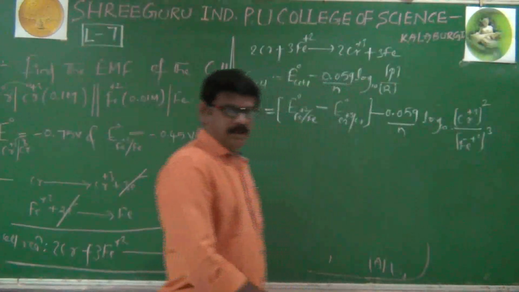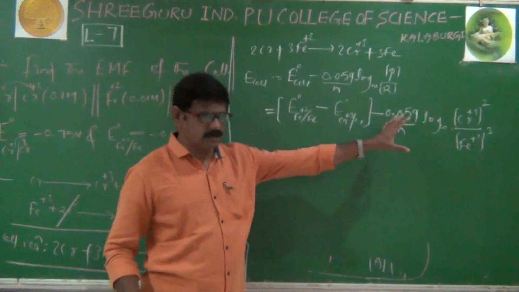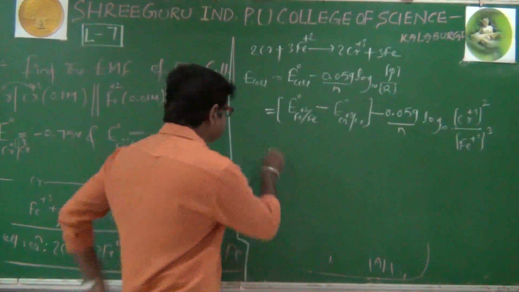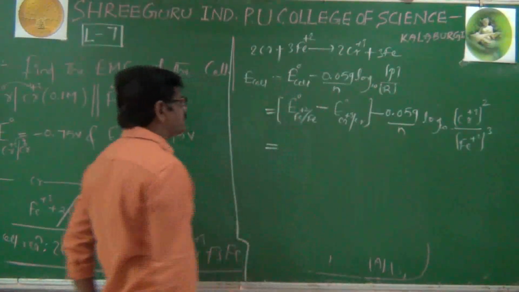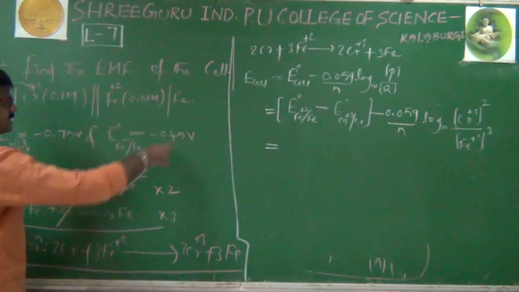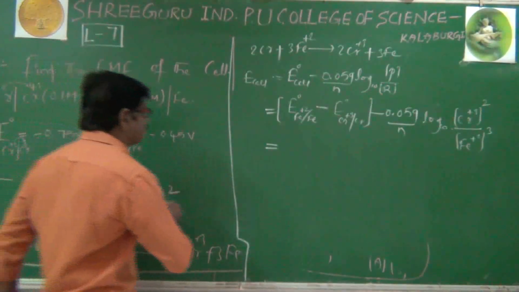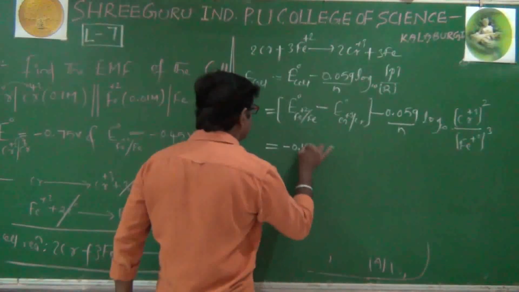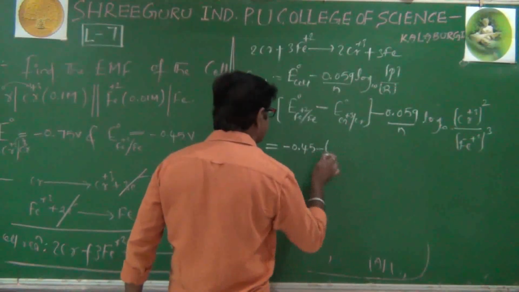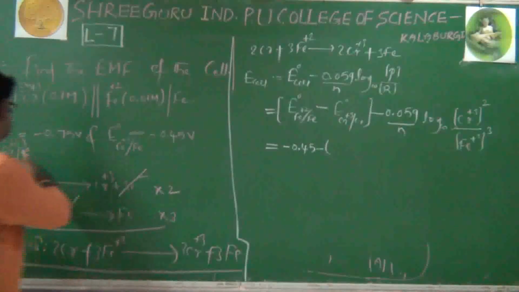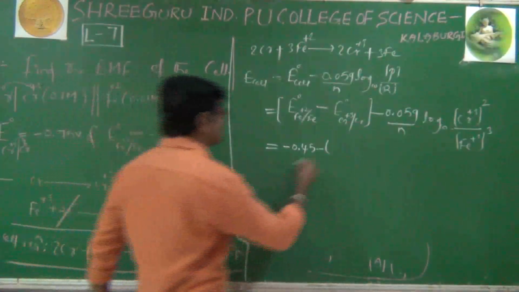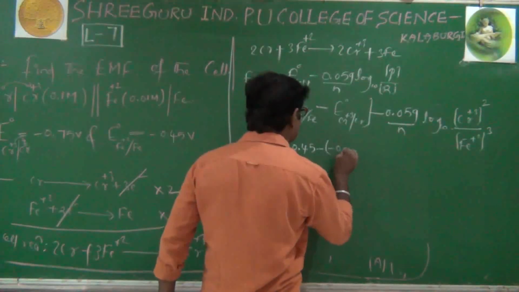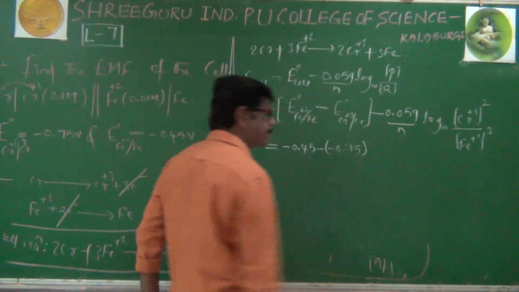That's all. Now all values we just have to substitute. That is E naught Fe+2/Fe value, already given in the question, minus 0.45, minus the Cr+3/Cr value, minus 0.75.